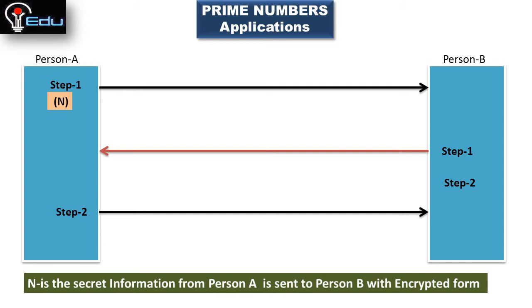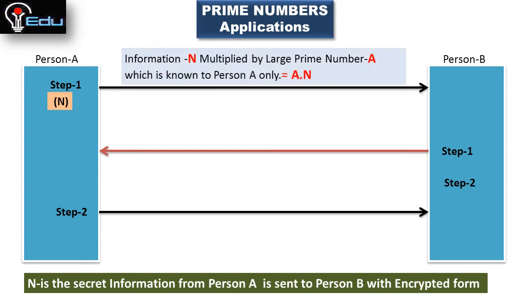We will disclose that secret. This secret information N is multiplied by a large prime number A, which is known to person A only, and it forms a product AN, and this product is transmitted from person A to person B.